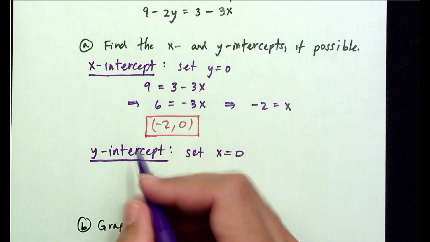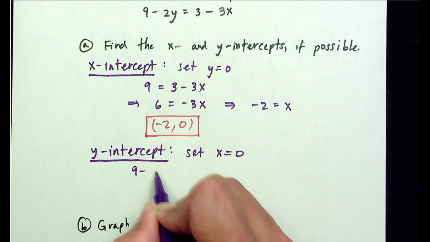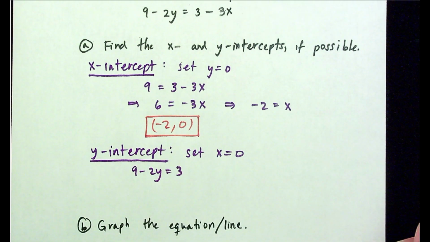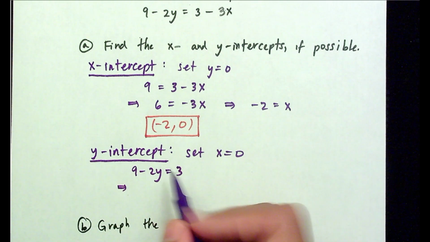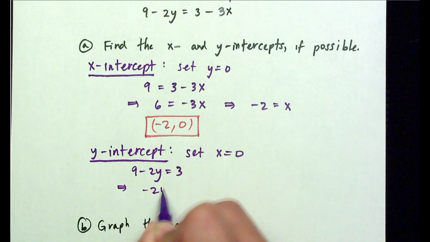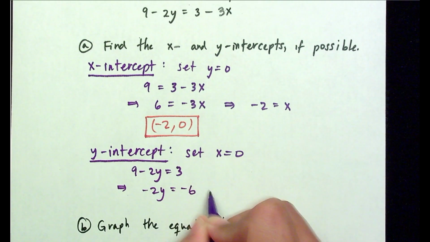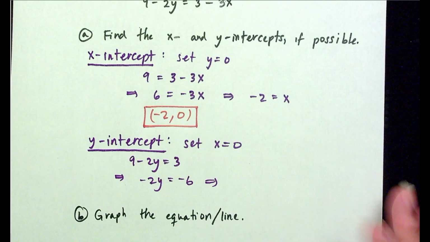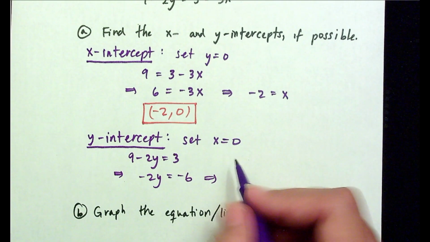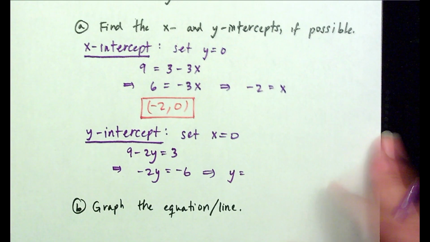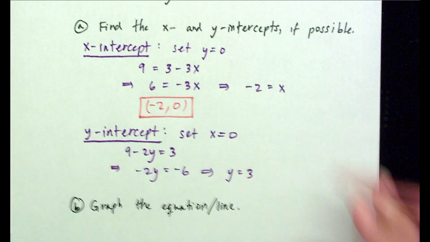We would get 9 minus 2y equals 3, which, subtracting 9 from both sides, 3 minus 9 is negative 6. And lastly, dividing by negative 2, we would get that y equals negative 6 divided by negative 2, which is positive 3.